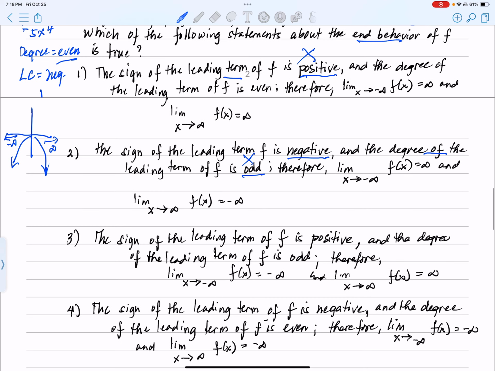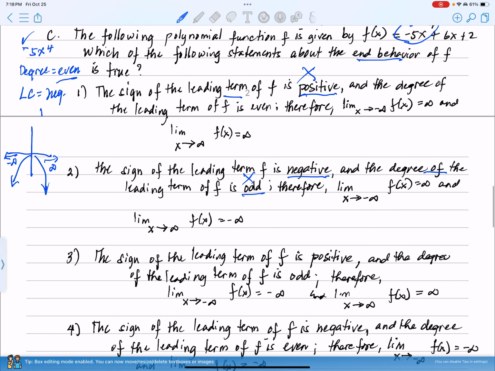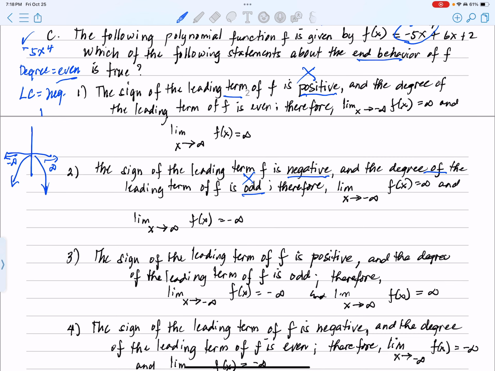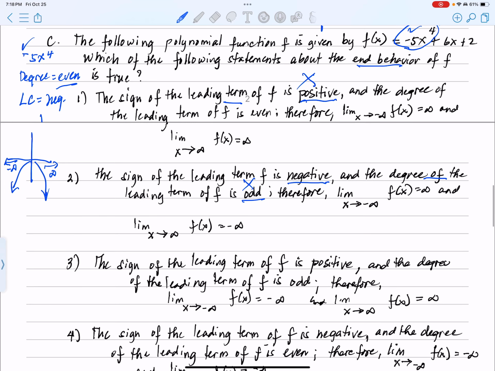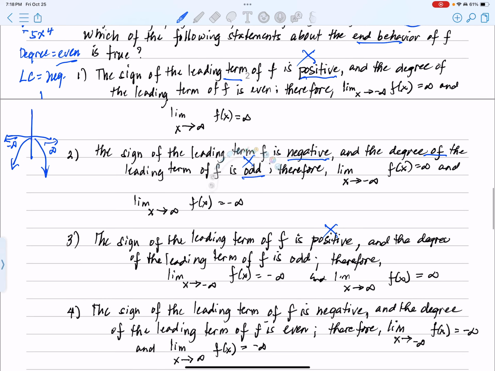The sign of the leading term of f is positive and the degree is odd. Okay. Positive leading term, wrong. Much more, when it says the degree is odd, double wrong.